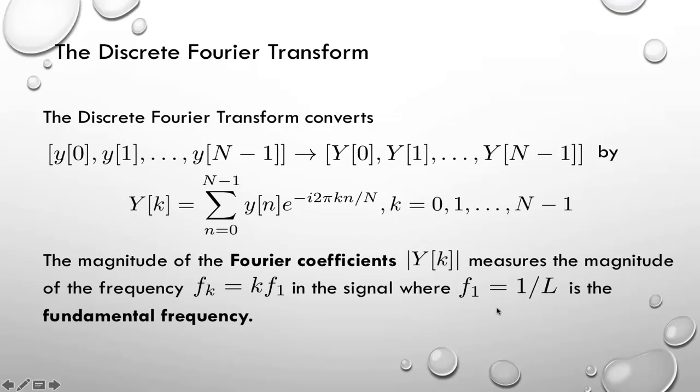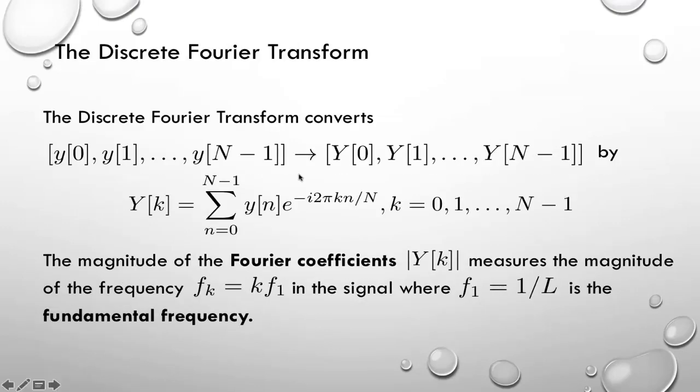The fundamental frequency is basically 1 over L, which is just one cycle over the time period 0 to L, and this set of frequencies is just integer multiples of that frequency. And so these are precisely the set of frequencies that the discrete Fourier transform is able to detect from our signal. And so that's how we are able to analyze the frequency content of the signal.